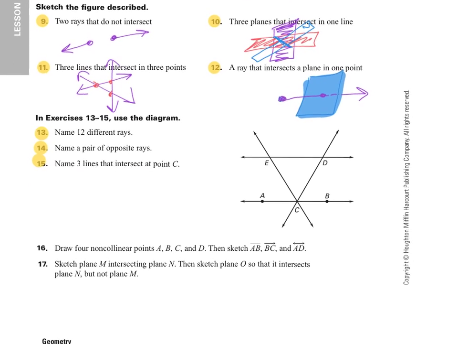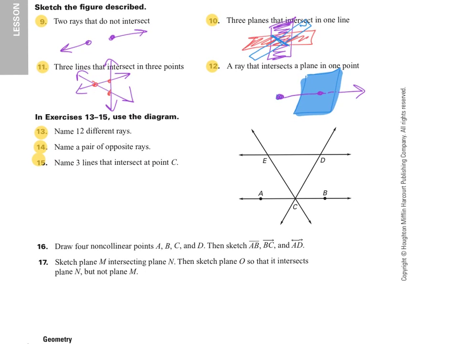13 through 15 says to use the diagram to name 12 different rays. So there's a lot of options here, but let's say, we'll go through some of them. Let's say ray ED is 1, and then back the other way would be ray DE. You've got ray DC, and the other way, ray CD.